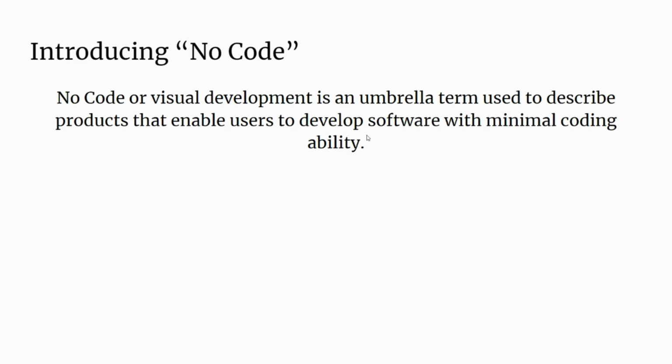That gets into what no code actually means. No code is just an umbrella term used to describe products that enable people to create software with minimum coding ability. Some tools you don't need to code at all. Some tools allow you to import code. Some tools allow you to export code. Some tools allow you to use JavaScript scripts inside their platforms.